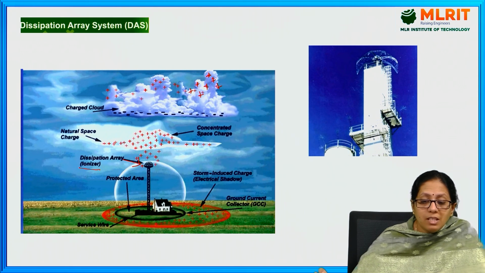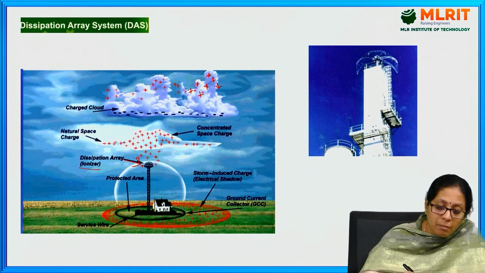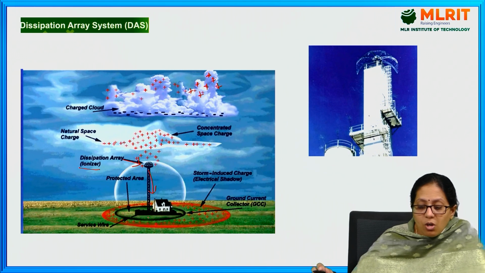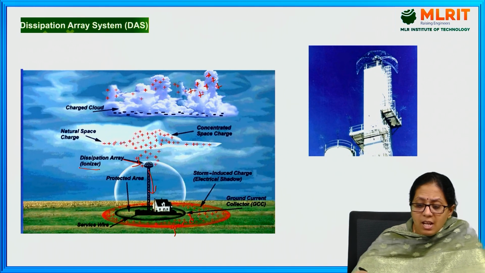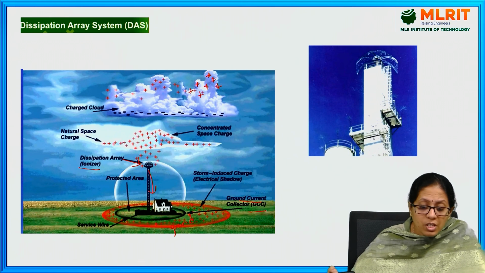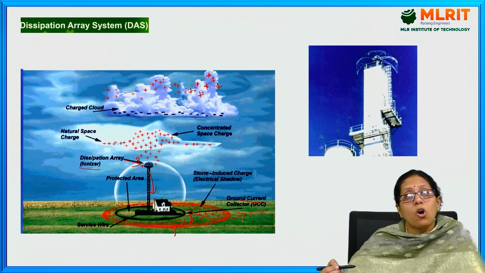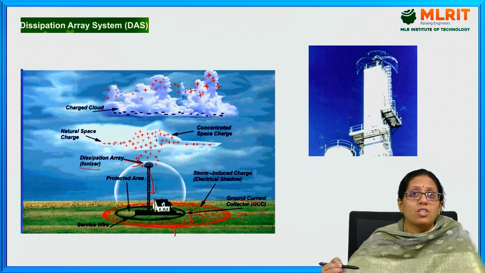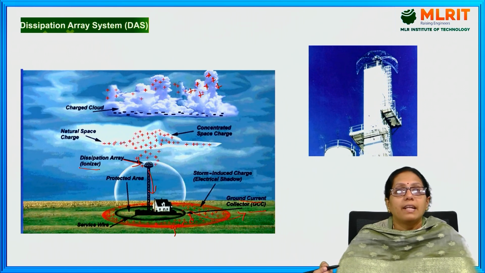That means the positive ions are being collected and flown through this rod to the ground level, and this is the ground level collector which collects all these positive charges in order to reduce the lightning effect.